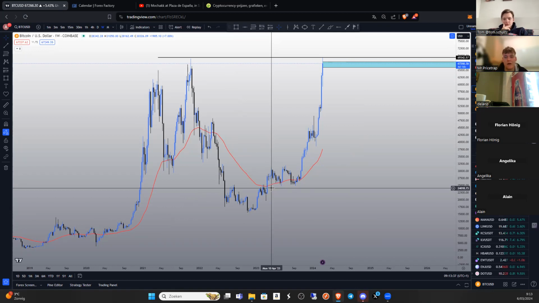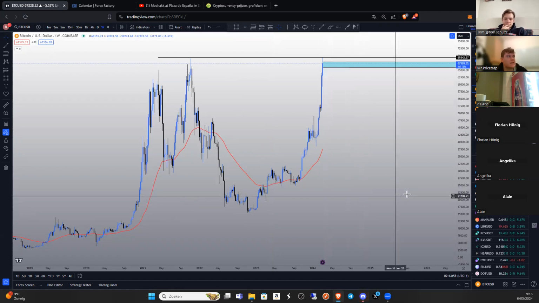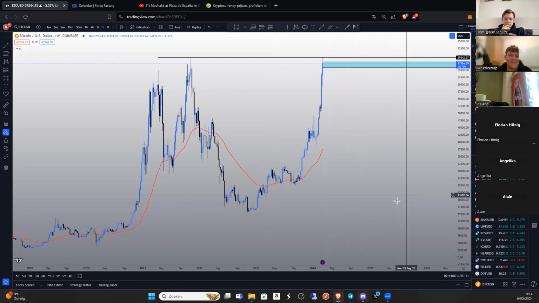Of course, there are some advantages using ETFs, for example with taxes. But if you want to have real Bitcoin in your hands, buy the real one, but not on the top right now. You don't want to be the retail investor entering on the all-time highs.